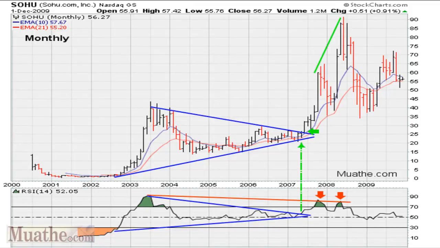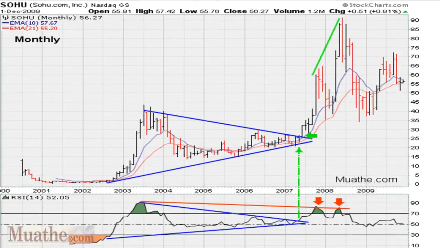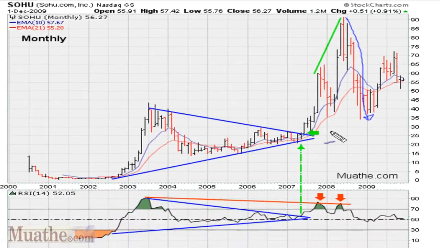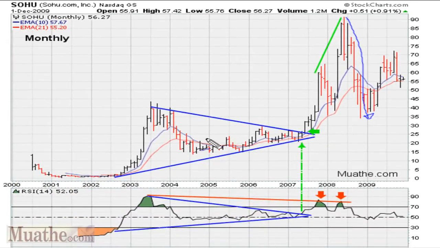Now, it really would make a lot of sense if we explained what happened in 2008. Notice the stock eventually would pull back from 90 all the way to about 35. And what I wanted to point out here as an additional lesson is, notice that the price was forming new multi-month highs, all-time highs here.